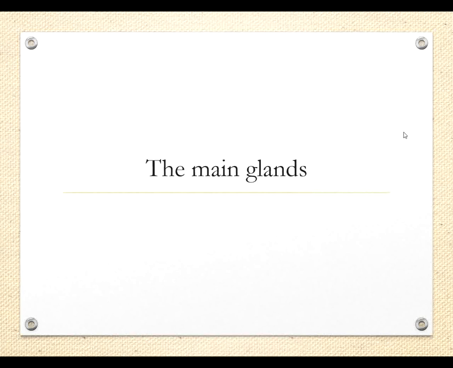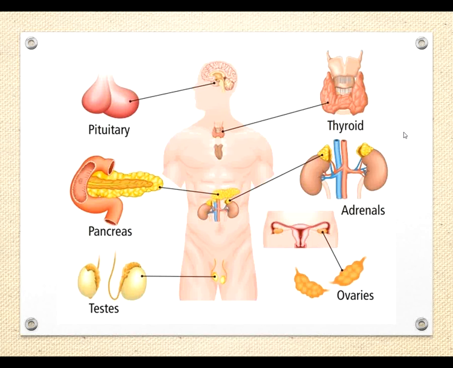Okay, so we're going to start off by looking at the main glands. Now, you have either, hopefully, printed off the sheet attached for this lesson, or if not, you're just going to need to jot down a few notes about each of the glands. So I'm just going to briefly talk about the glands and this individual here who is blessed with lots of different organs. So we're going to talk about the pituitary gland and where that's located and what it does, but the pituitary gland is often known as the master gland.